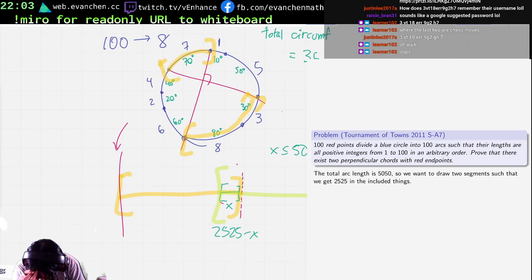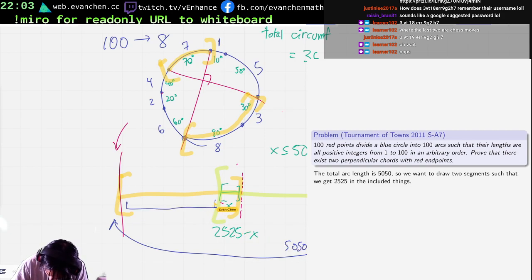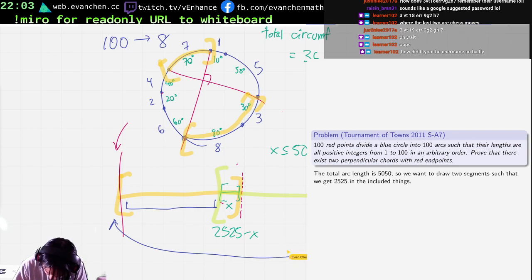This is 50, a segment of length 50 minus 2x. So if that happens, it means that here to here is 50 minus 2x. So also this thing is length 2x from that endpoint to that endpoint.